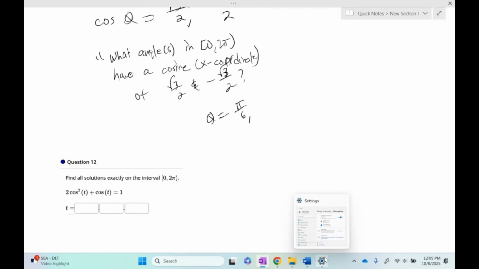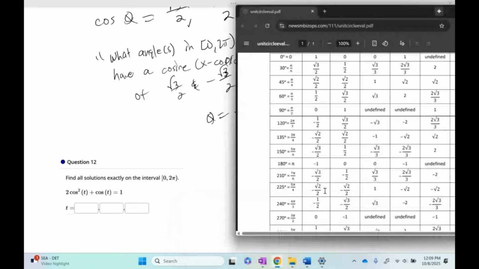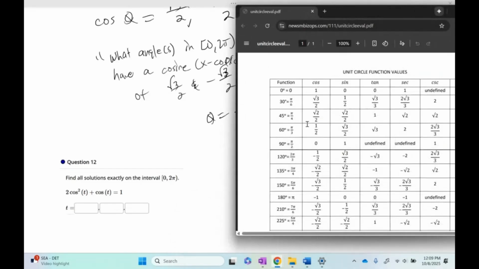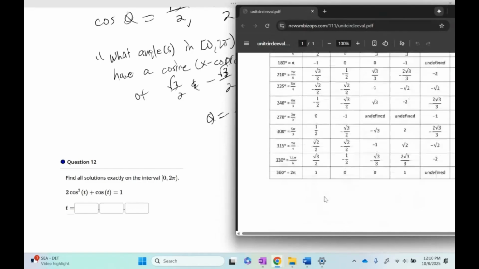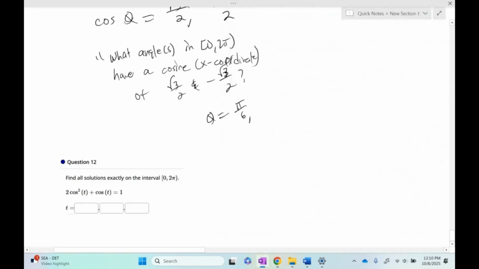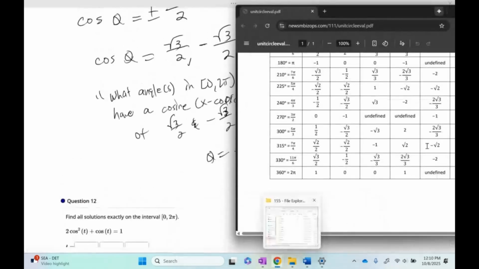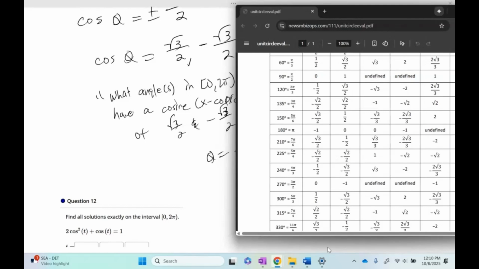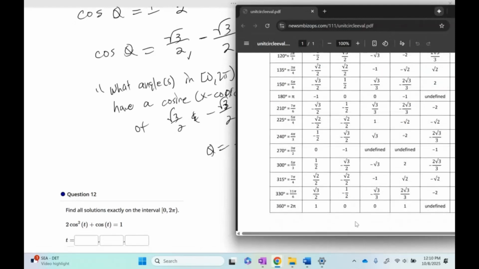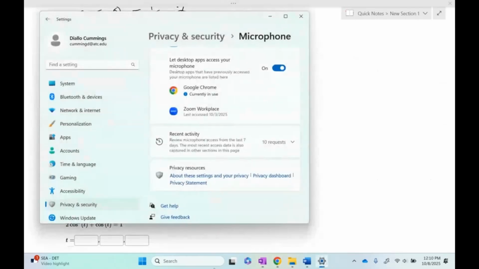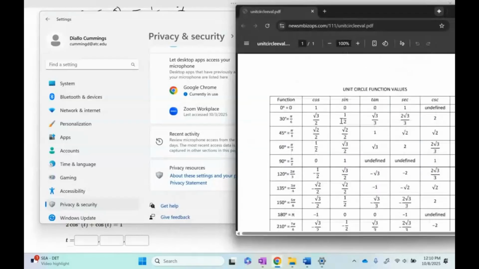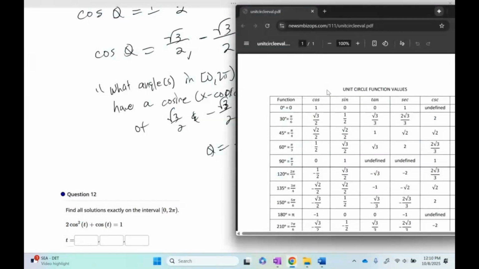I thought I had these answers written down. Okay, I'm supposed to be looking at cosine.